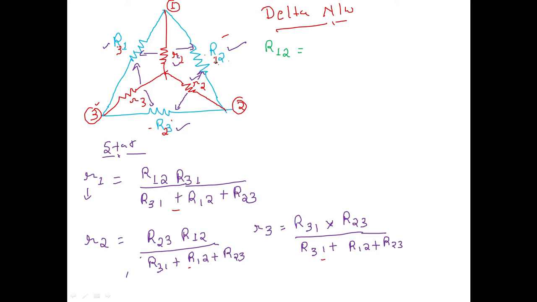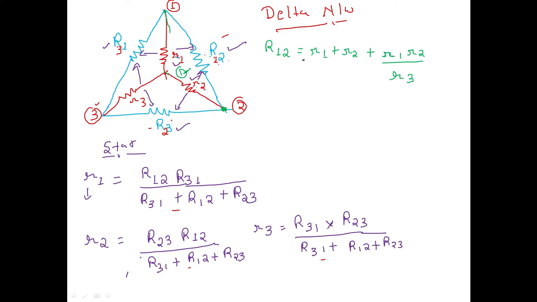For finding the delta network, that is the outer resistance R12, we'll consider this loop, this terminal and this terminal, terminated over this terminal. So we'll consider this triangle, this first triangle. In this first triangle, to find R12, we take R1 plus R2, the addition, plus R1 multiplied by R2, upon, in the denominator, the remaining term, that is R3.